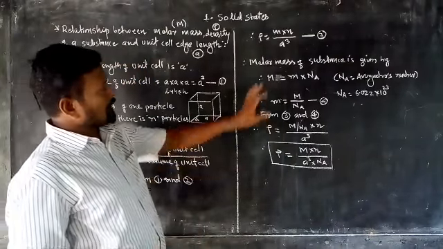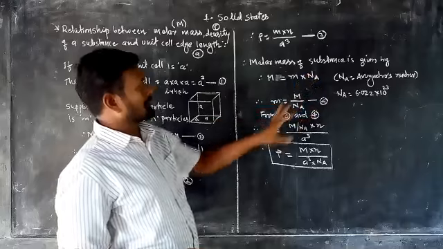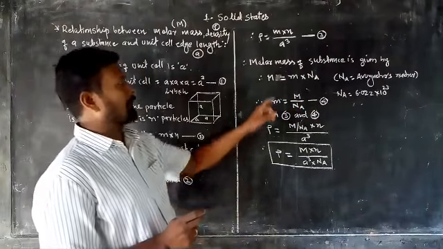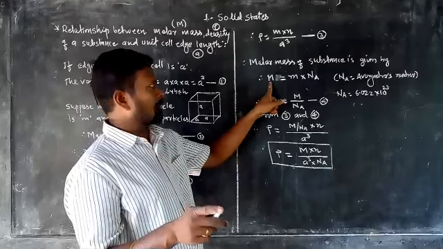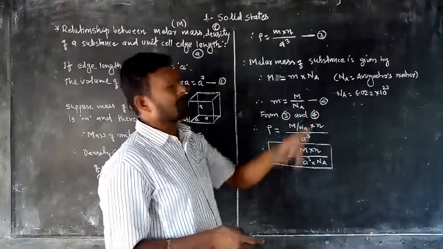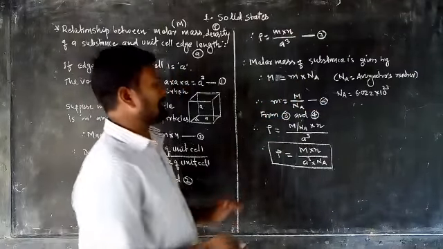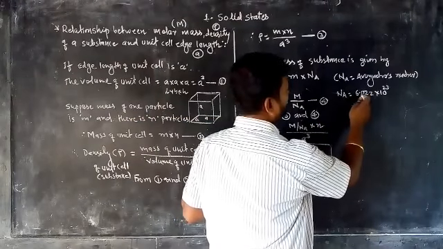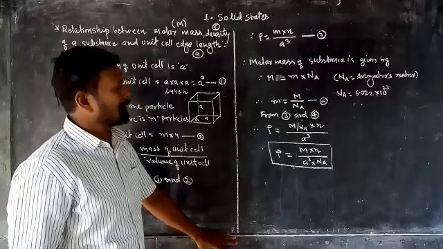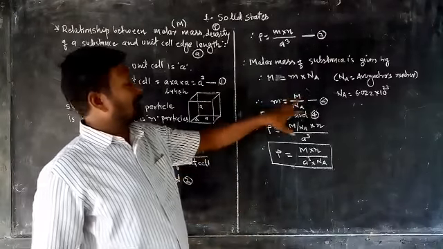Now the molar mass of the substance is given by the formula capital M, that is the molar mass, equal to m into Na, where Na means Avogadro's number, which has the value 6.022 into 10 to the power 23. Now listen here, there is some rearrangement.